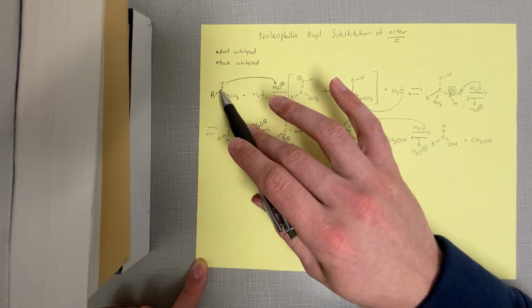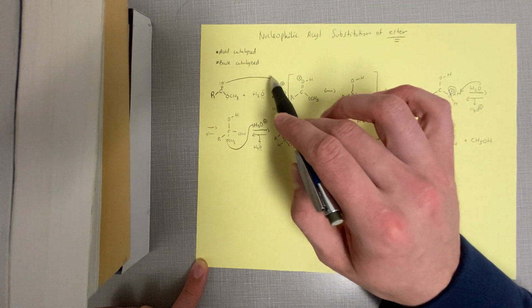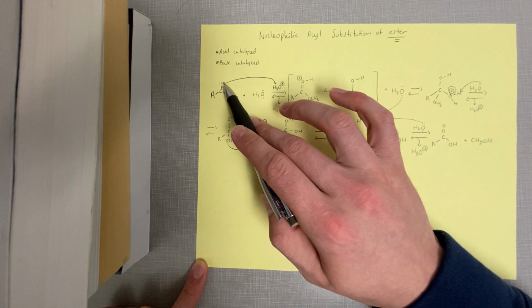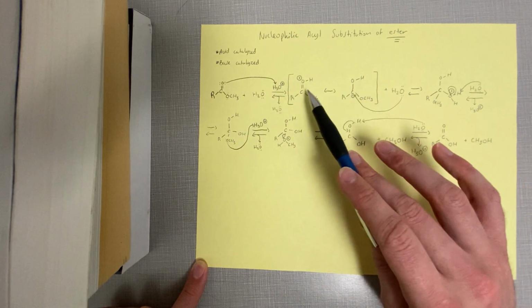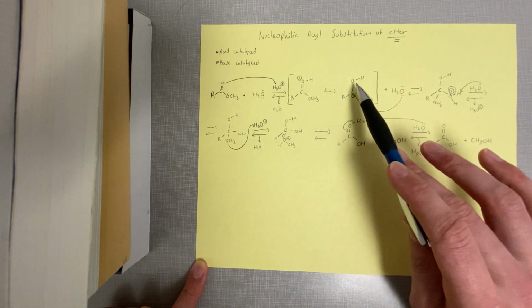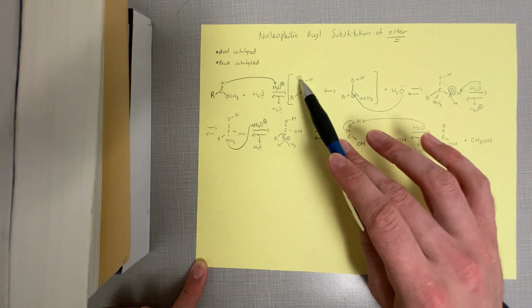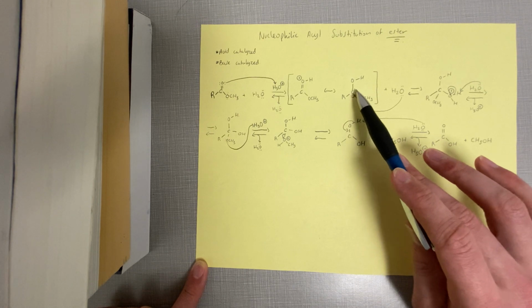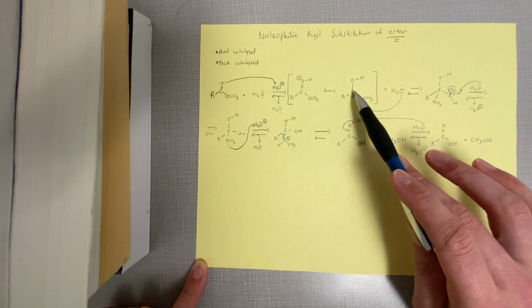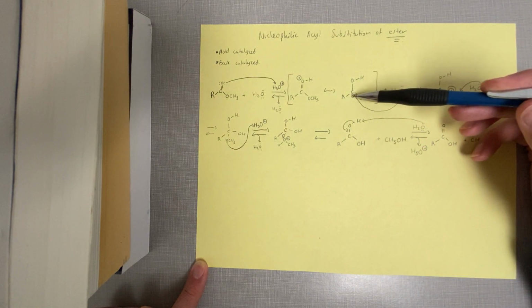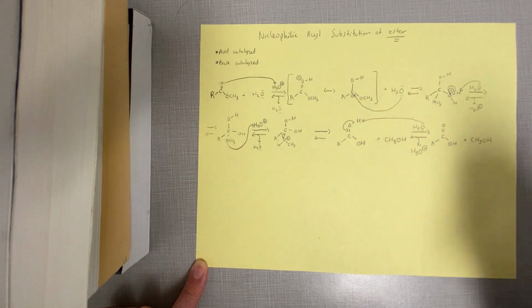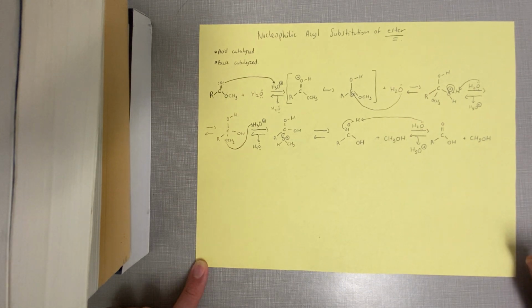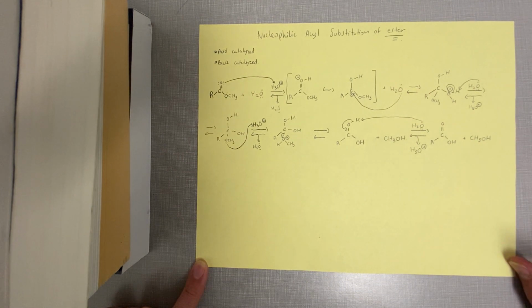So for this reason, we need to protonate here the oxygen of the carbonyl group, creating this resonance structure here, and then this positive charge, having one of the resonance intermediates with a positive charge on the carbon, makes it a stronger electrophile. Thus we can then start the process of the nucleophilic acyl substitution.